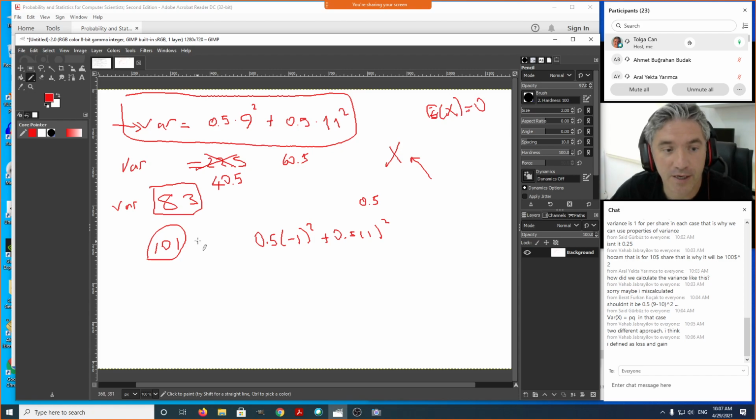So this is for a single share, $10, right? I think it's too much. I'm making a mistake here. For the price of the single item, if it fluctuates between 9 and 11, the variance shouldn't be this large, right?